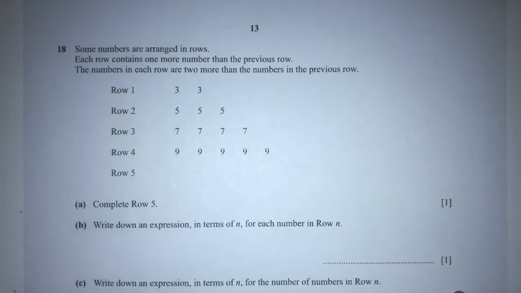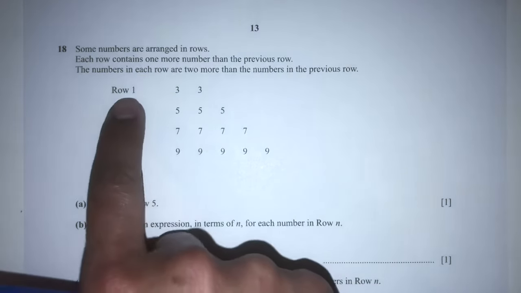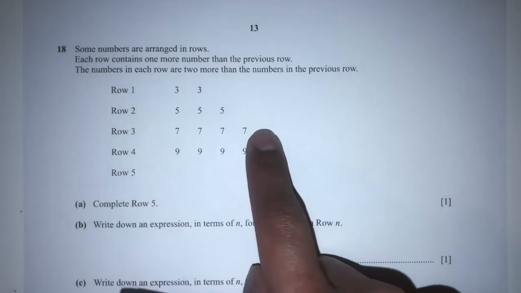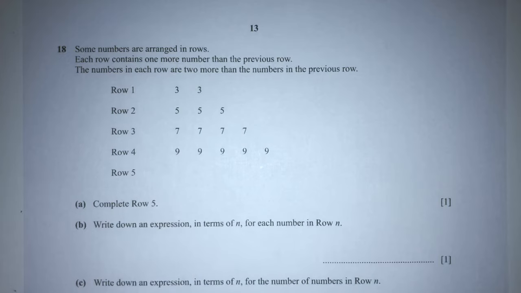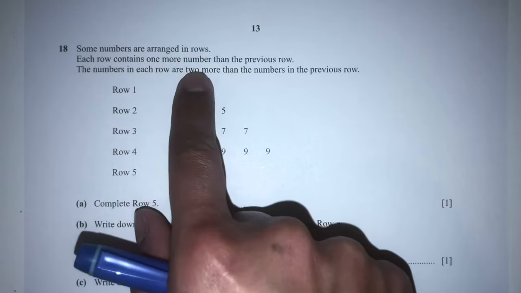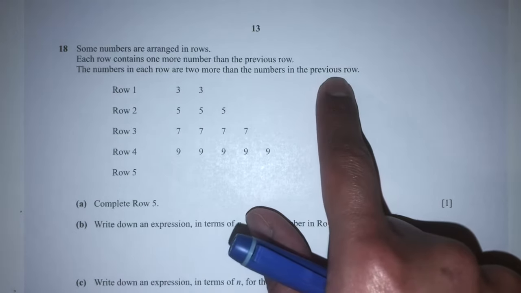Let's move on to question 18. Some numbers are arranged in rows. Each row contains one more number than the previous row. As you can see, row number 1 has 2 numbers, row number 2 has 3 numbers, row 3 has 4 numbers, so each row has one more than the previous row. The numbers in each row are 2 more than the numbers in the previous row.